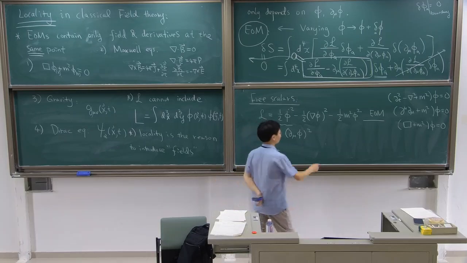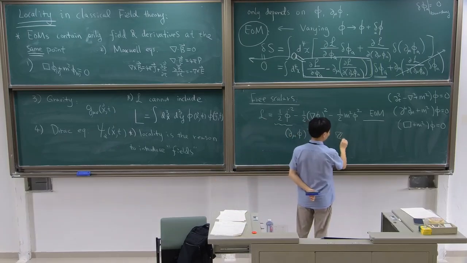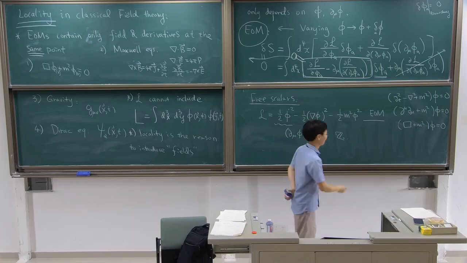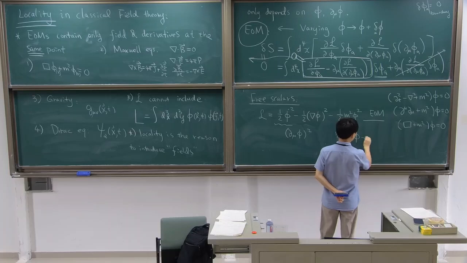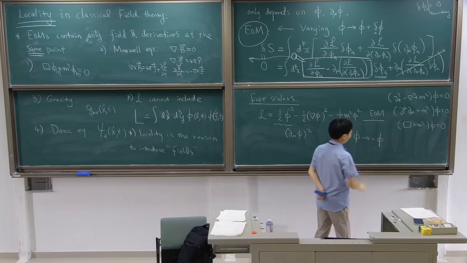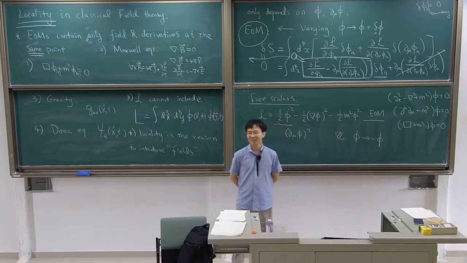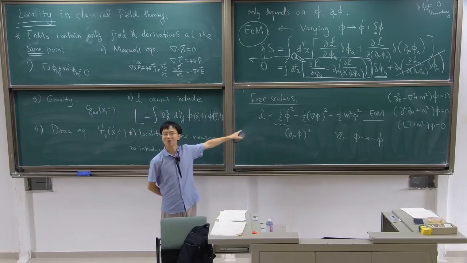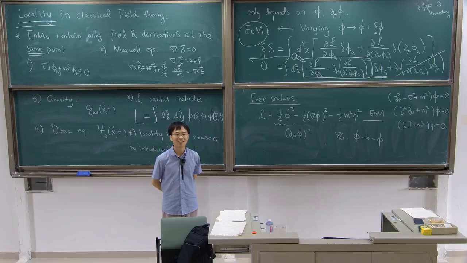That's right. It's a Z2. What is the Z2 symmetry here? If you do the transformation, see, phi goes to minus phi. This is invariant, you see? Because all the terms are quadratic, right? We have phi times phi.